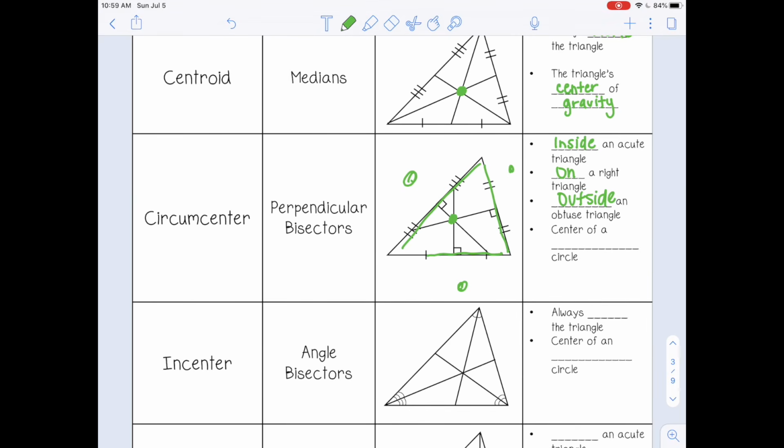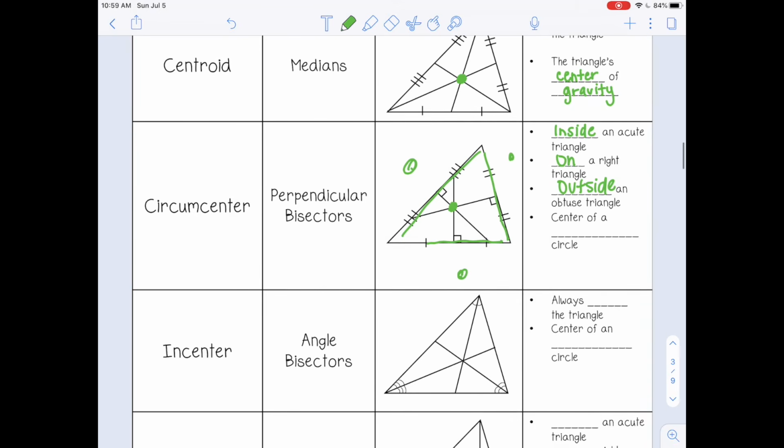And a circumcenter is actually going to be the center of a circumscribed circle. And a circumscribed circle is when you have a circle that goes around a triangle and it touches all three vertices.